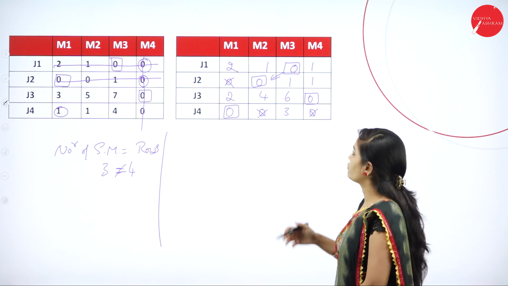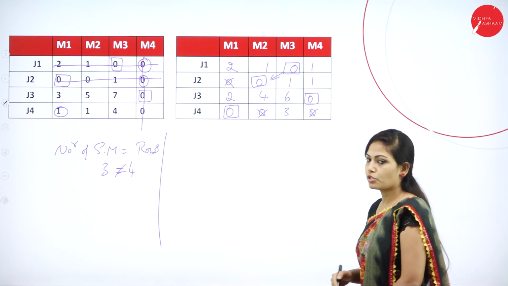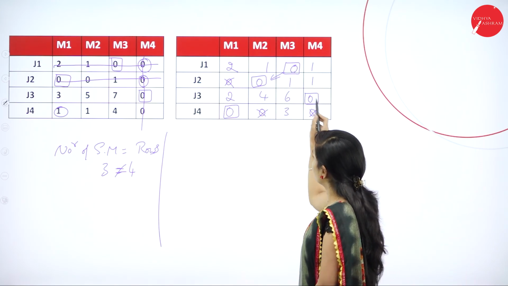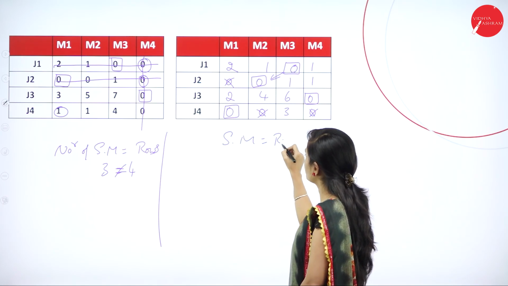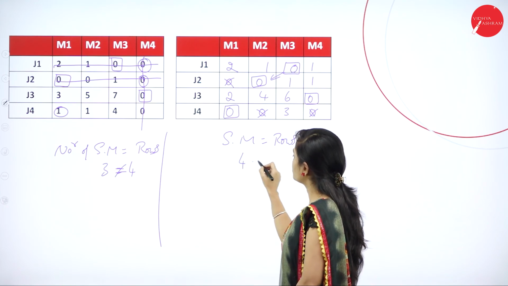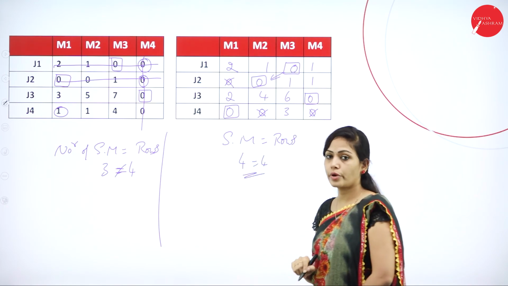Now you can cross verify whether it is a square matrix or not. So 1, 2, 3, 4. The number of squares marked is equal to the number of rows. So 4 is equal to 4. So it is a square matrix.